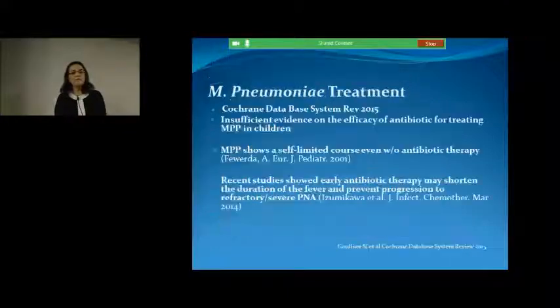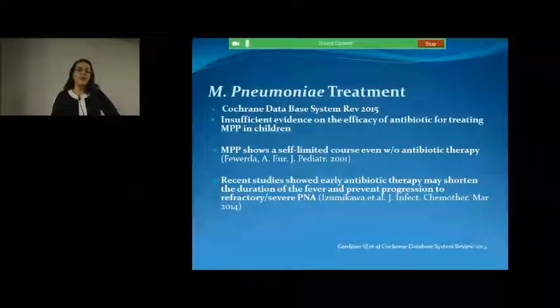So let's talk about the treatment of Mycoplasma. Very recently, in 2015, the Cochrane published an article recommending that there was insufficient evidence on the efficacy of antibiotics for treating Mycoplasma pneumoniae in children.